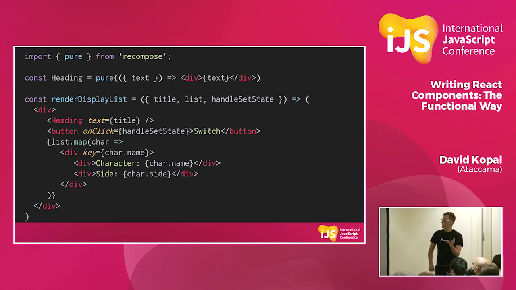Now, we defined the heading as a functional component, and the only thing we need to do is wrap it with the pure higher order component. This way, the heading works just the same as in the previous example. We have shouldComponentUpdate thanks to this higher order component. So thanks to this pattern, we get the same benefits for functional components as are available for classes. We don't need to define classes just to get this performance benefit.